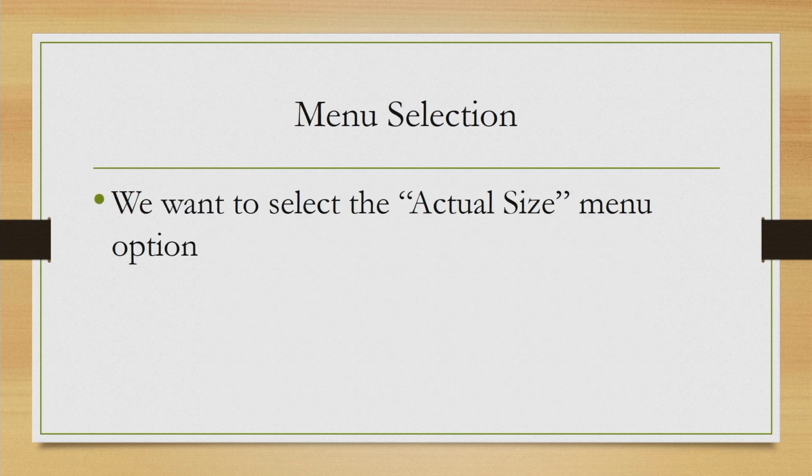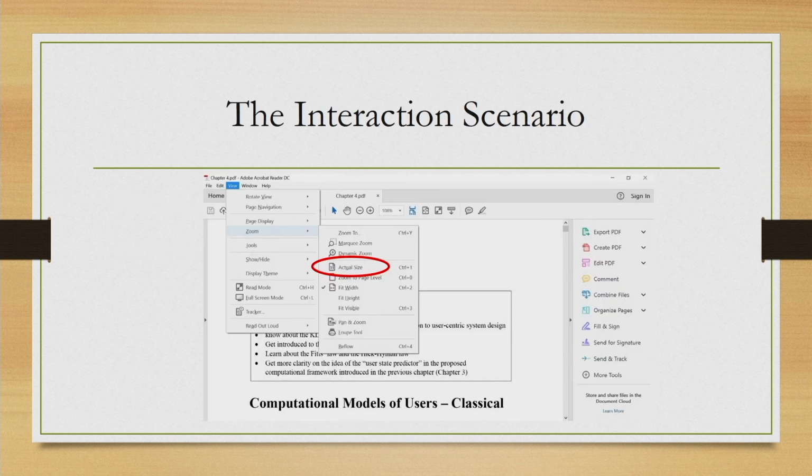Now, let us assume that we want to select the actual size menu option. So, this is the final option that we want to select, shown within the red boundary, and in order to do that, what are the things that we need to do? Let us try to break down the overall task of selecting the actual size menu option into the subtasks that are part of it.